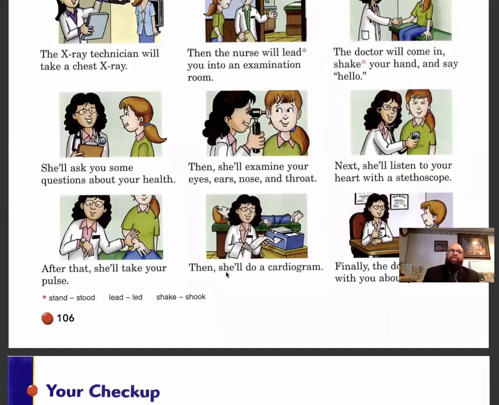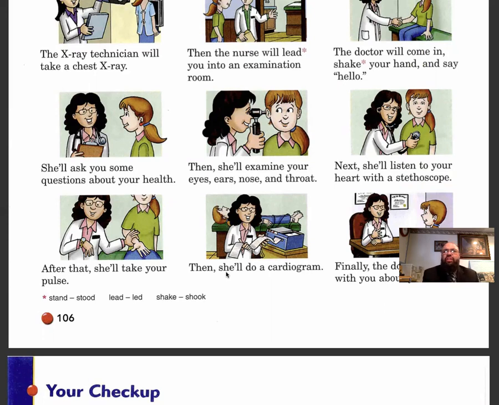Good. Let's continue with the bottom part. She'll ask you some questions about your health. Then she'll examine your eyes, ears, nose, and throat. Throat. Okay.